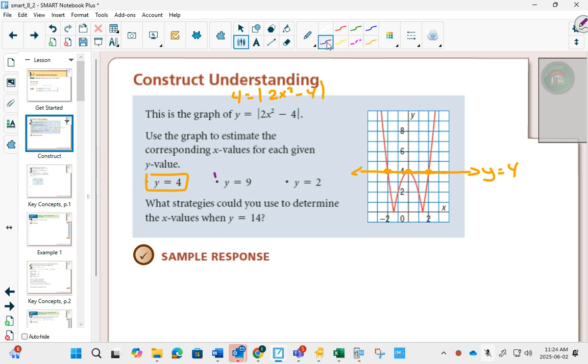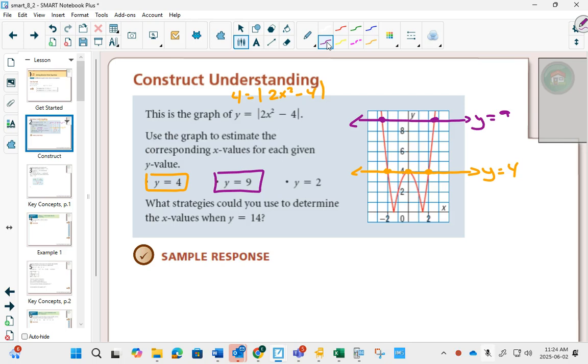If we had, in purple, y equals 9, so I go up to 9, and I draw that, y equals 9. There's 2 solutions to this, and they look like they're like -2.7 and positive 2.7, but I can't tell exactly from the graph.